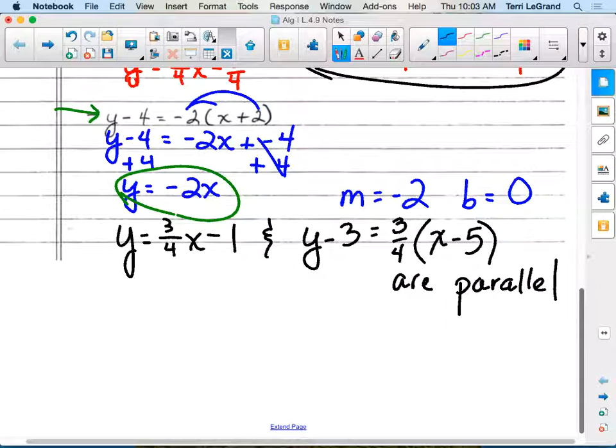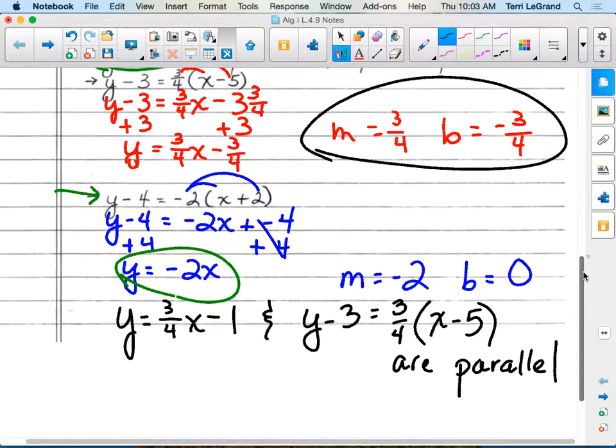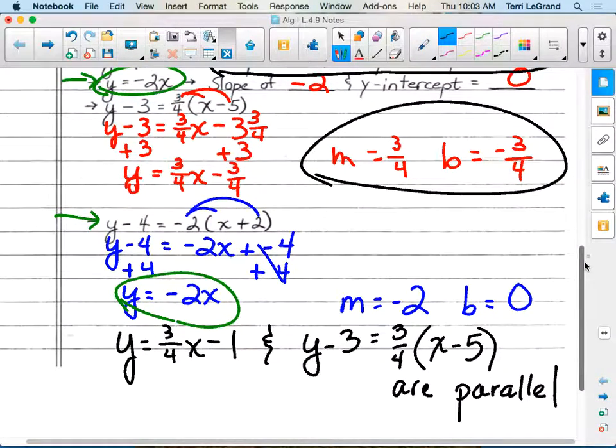So this is a good place to make a note of caution. Why can't we just tell when they're given in point-slope form? These two, right away, before we even renamed it, we could see that they had the same slope. So why not just say they have the same slope, so they've got to be parallel to each other?